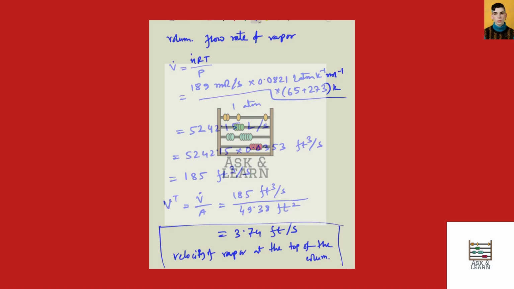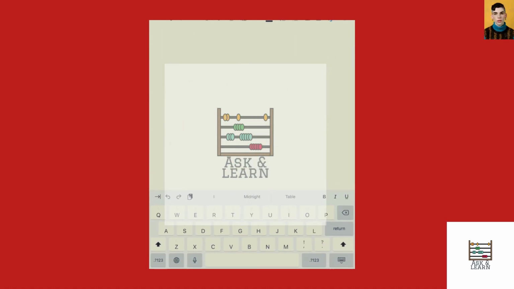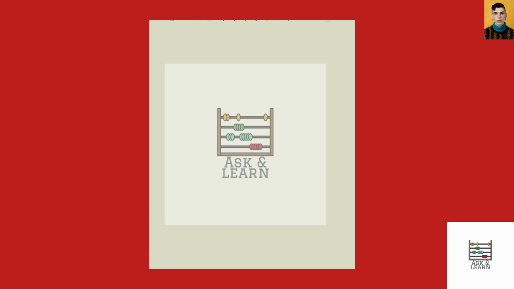The next problem says, what would be the new pressure? Let's try to find it out. According to the ideal gas equation, pressure is directly proportional to the number of moles, or the molar flow rate.